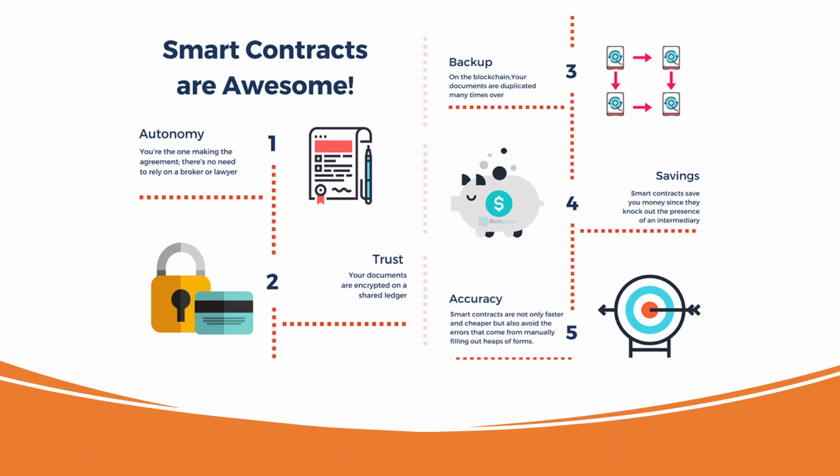Also, smart contracts are very accurate, faster and cheaper, and they avoid the manual filling out of forms and other activities where there are chances of human error. Those activities are removed by smart contracts. That's why smart contracts are very accurate.